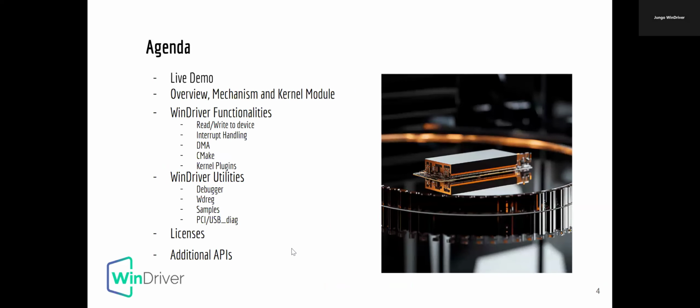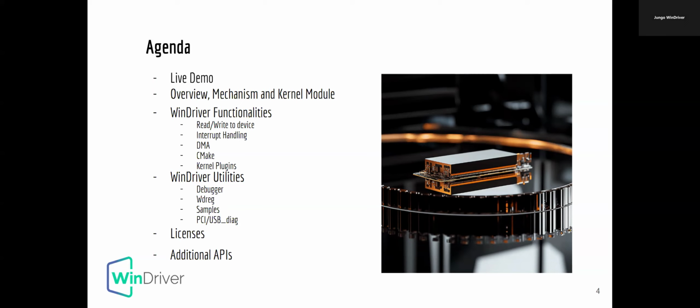So what are we going to get done today? Unlike previous webinars, I will start with a demo. We will start from scratch, a new project on WinDriver, see what capabilities it has, how to generate a project, and how to build it on any operating system and architecture.